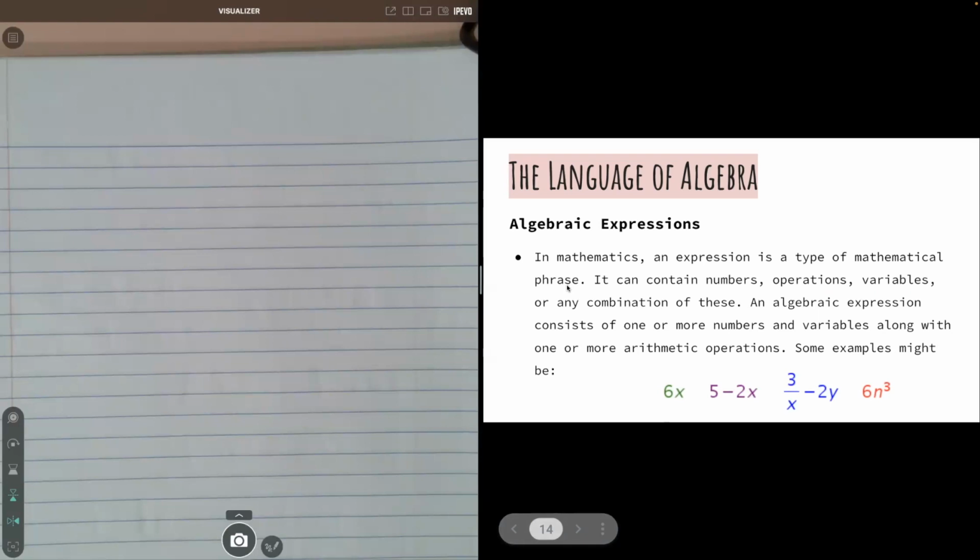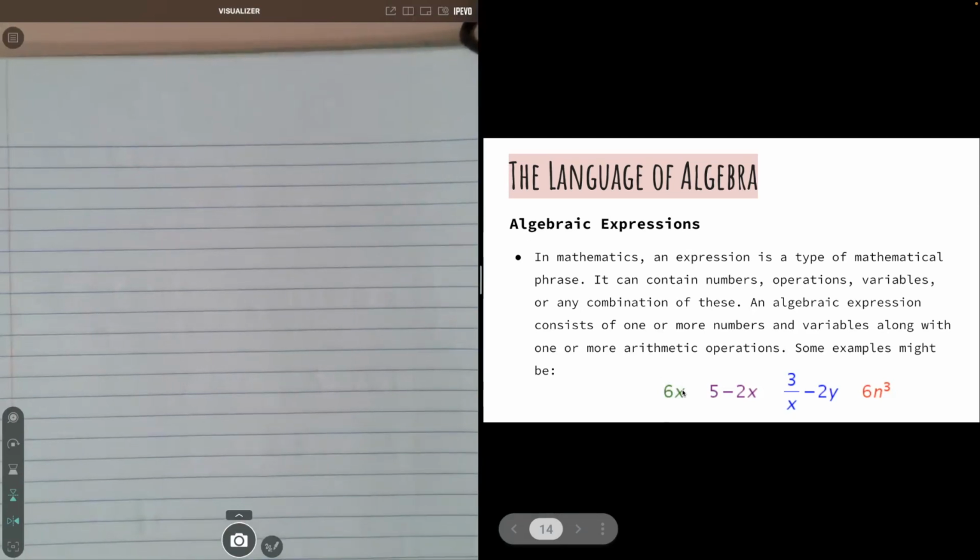Algebraic expression. So in mathematics, an expression is a type of mathematical phrase. So it's like a sentence. It can contain numbers, operations, variables, or any combination of those. An algebraic expression consists of one or more numbers and variables along with one or more arithmetic operations. Some examples could be like 6x, that's the number 6 multiplied by the variable x.